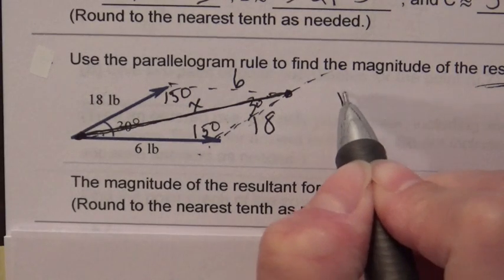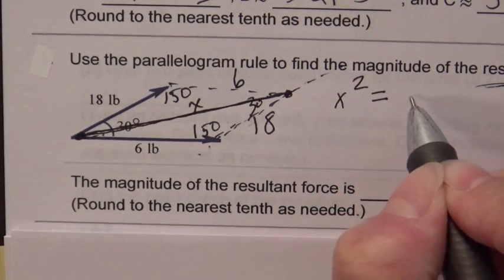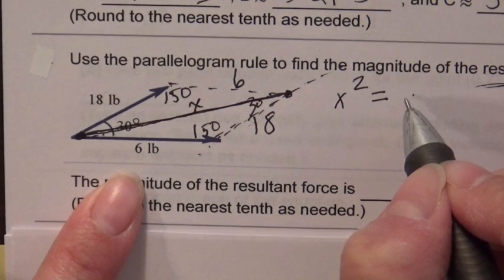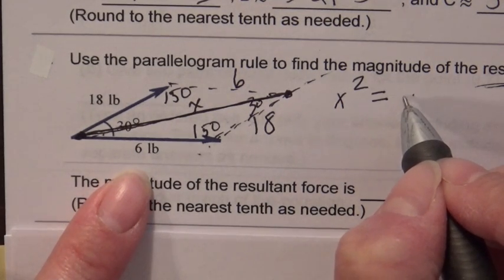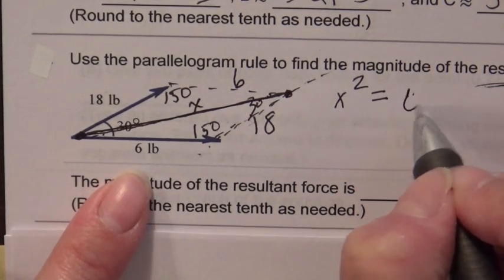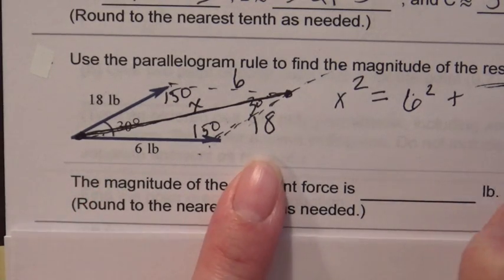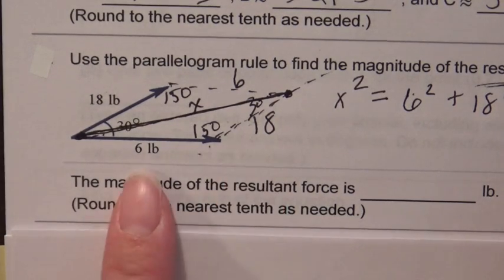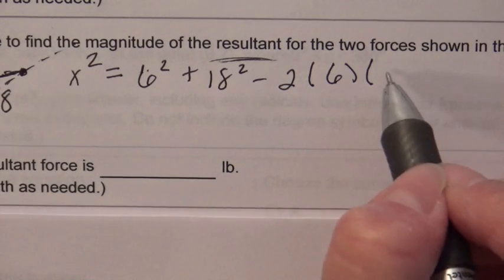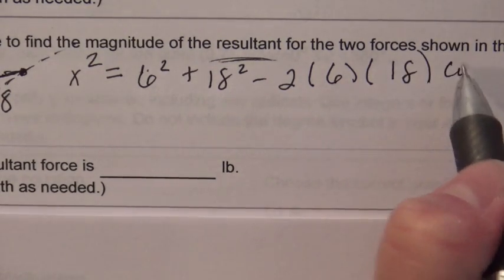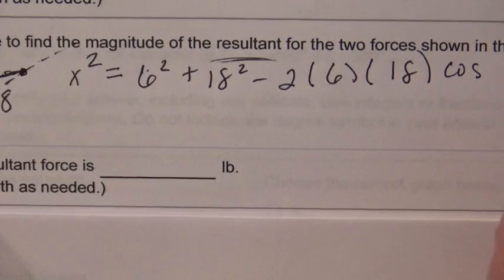So it's going to be x squared equals, I can call this a, so I can do 6 squared. I can call this side b, so 18 squared minus 2 times a, which is 6, times b, which is 18, times cosine of 150 degrees.